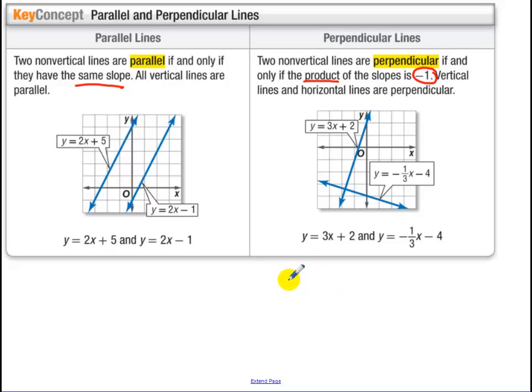Or I like to think about it as they are opposite, which means one's positive, one's negative, reciprocals. So if the slope of one of my lines is 3, the perpendicular line is going to be -1/3. One's positive, one's negative, and they're reciprocals of each other.